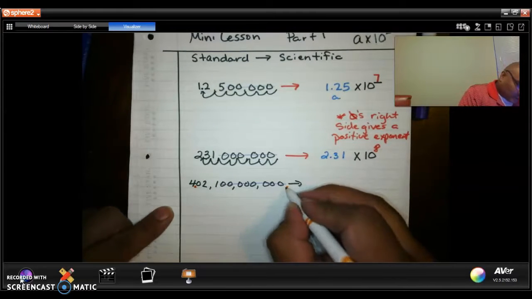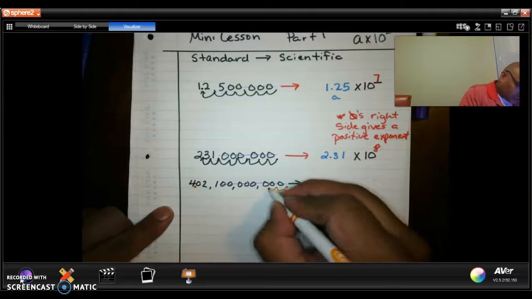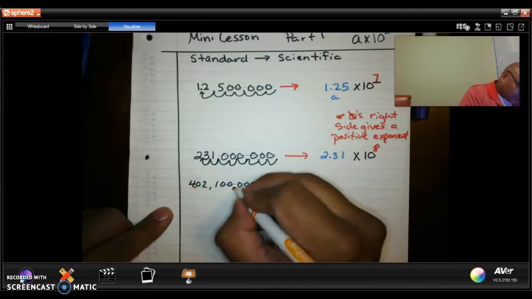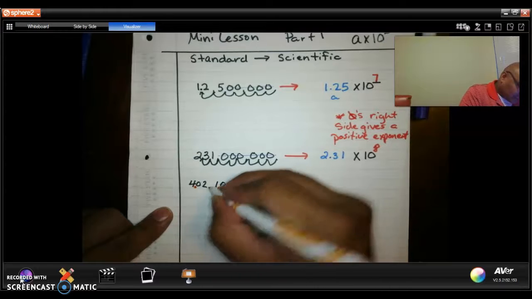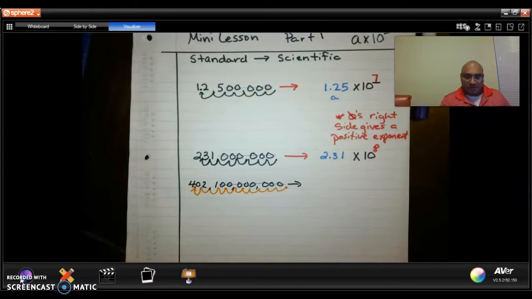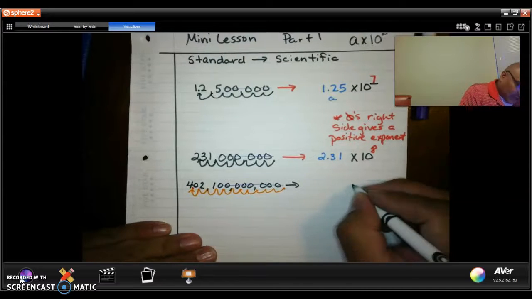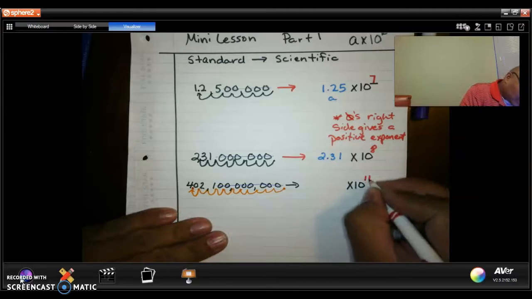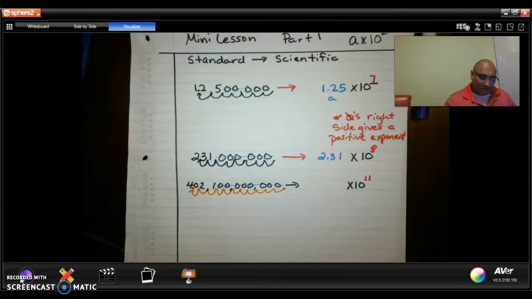So now let's count. 1 hop, 2 hops, 3 hops, 4, 5, 6, 7, 8, 9, 10, 11 hops. So because there are 11, I know for a fact it's always times 10. We hopped 11 times, which gives me an exponent of 11.